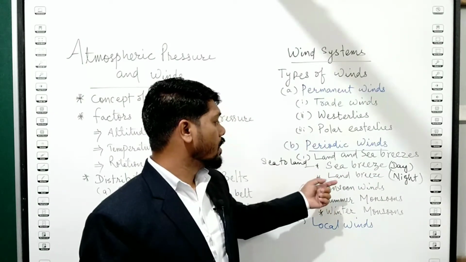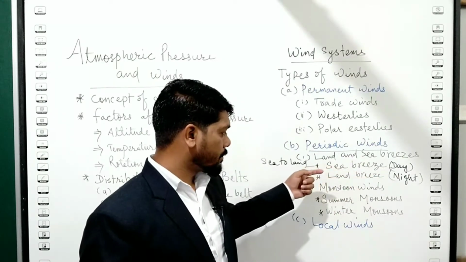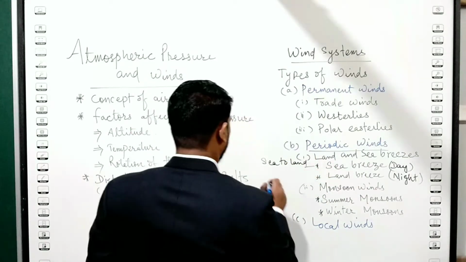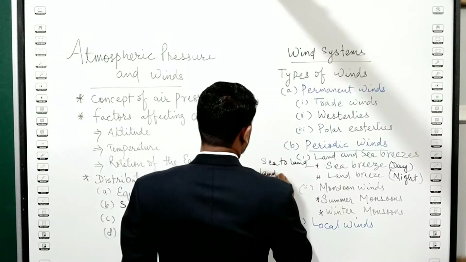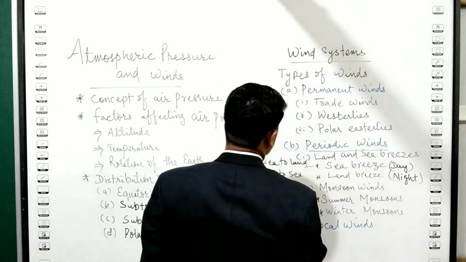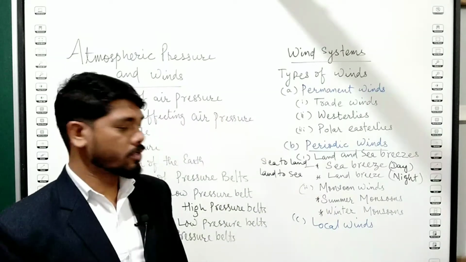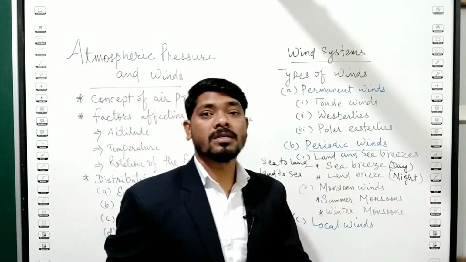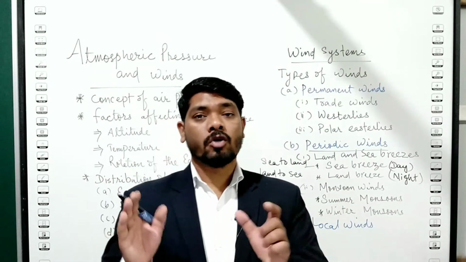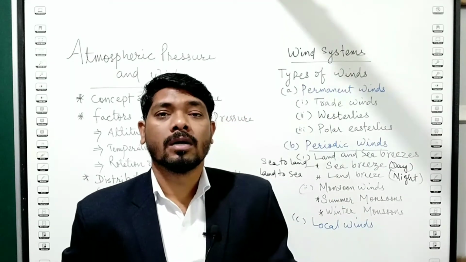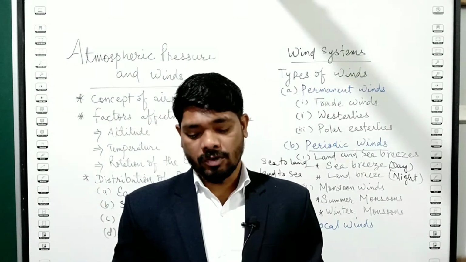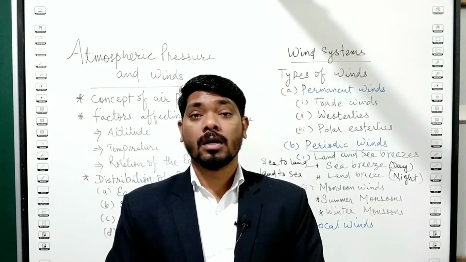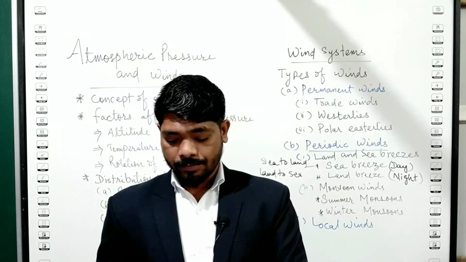So during the night time, as land gets cooled very fast, wind blows from land to sea. So that is known as land breeze. And this land breeze and sea breeze is confined to the coastal areas, not the interior part of the countries. Just read the text and go through the textbook once again.